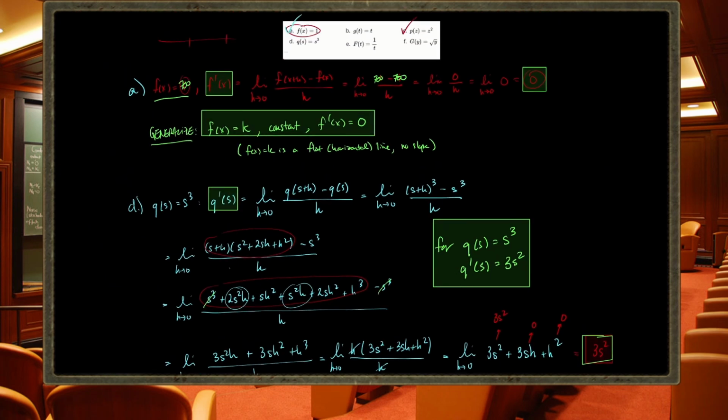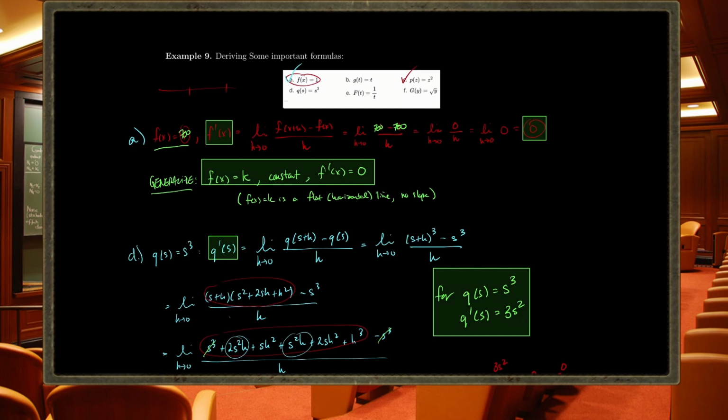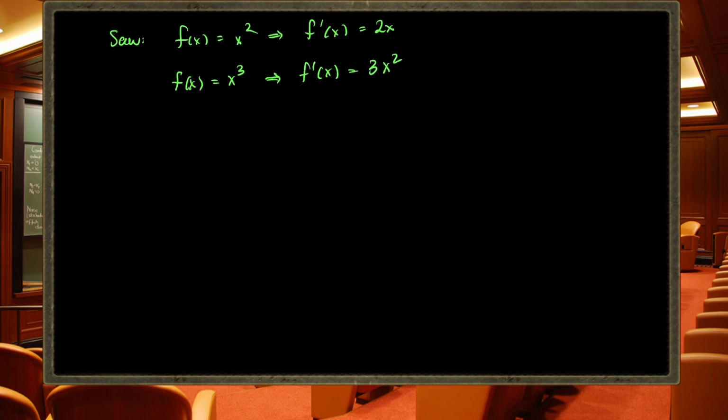In general, I'm also going to generalize this. Okay, so let me add on a blank page here. We saw that for f of x equals x squared, that f prime was 2x. We saw that for, I'm just going to rewrite it in terms of f, for x cubed, the derivative of that function was 3x squared.